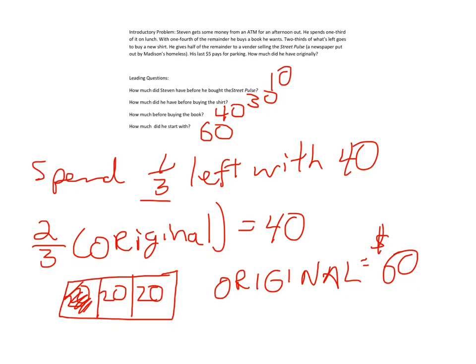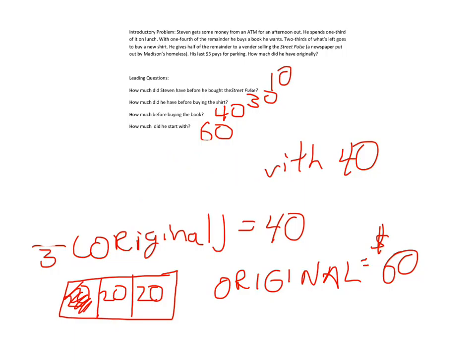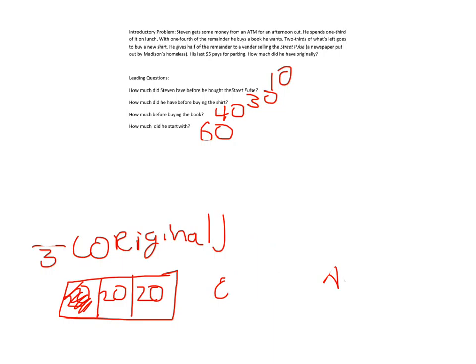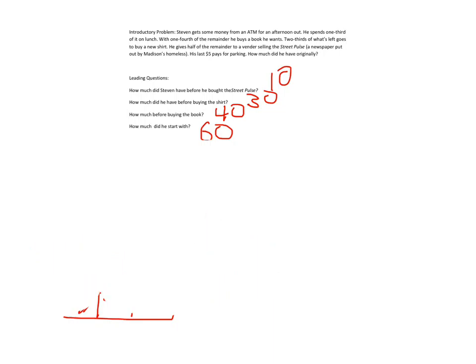And finally, on problems like this, it's easy, and you should always do it, to check just by working it forward. So I started with 60 and spent 1/3 of it on lunch.